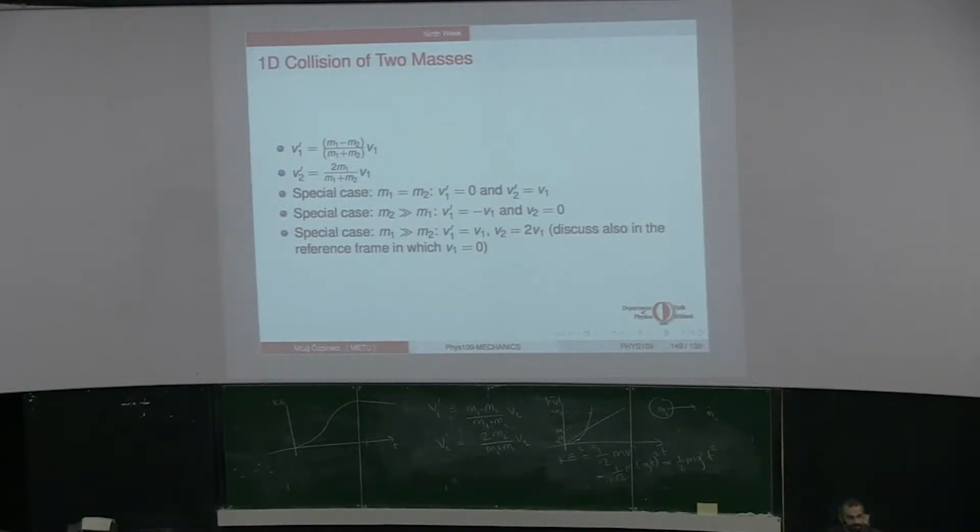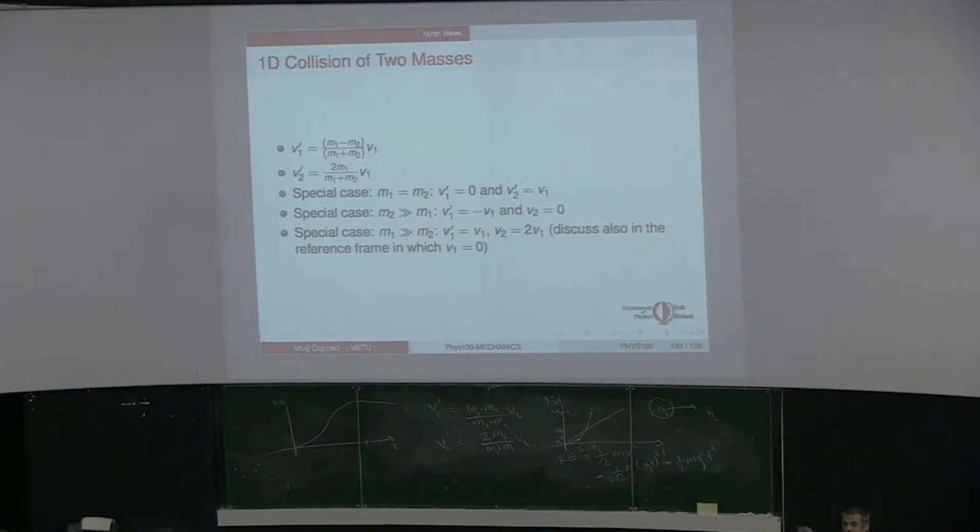Now this factor 2, why do we have this factor 2? In the cases when the masses were equal, we have an intuition, we have experience, we had just made a demonstration that after the collision, the first mass is at rest, and the second mass starts moving with the initial velocity.